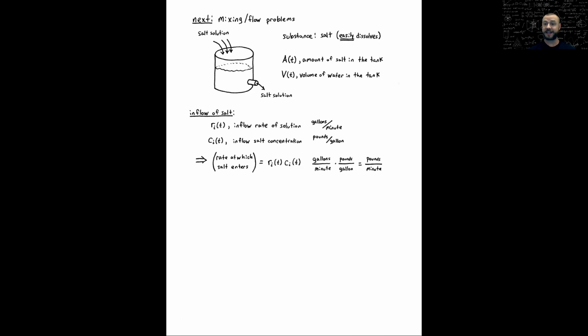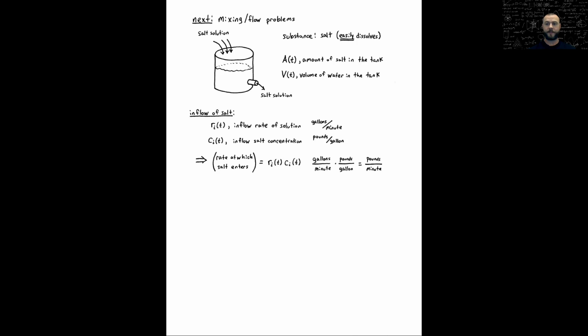Now, if you just look at this like an algebraic fraction, the units of gallons cancel out, leaving you with units or dimensions of pounds per minute. That process that we just used, called dimensional analysis, is a very useful way to come up with formulas in physics and engineering, but we'll let you go into detail on that in those courses.